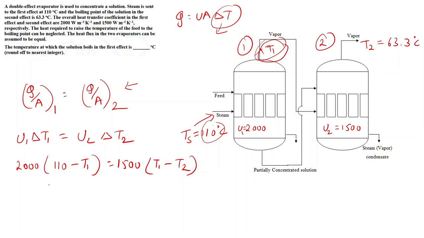So this becomes 220 minus 2 T1 is equal to 1.5 T1 minus 1.5 T2.